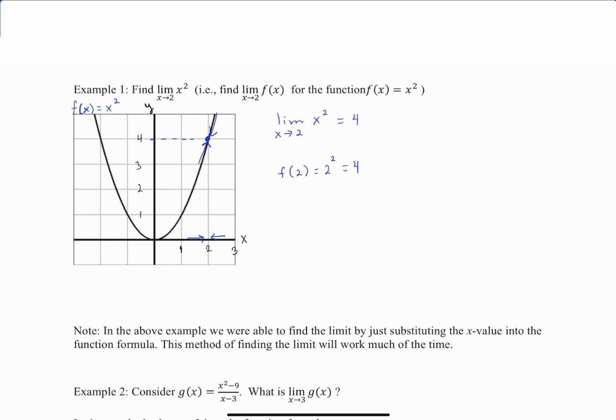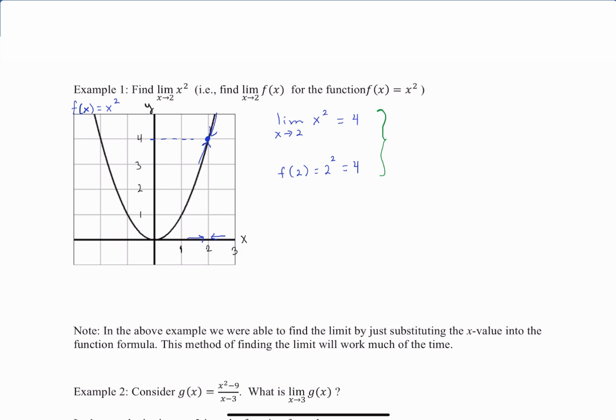Now, much of the time, and what we're going to do, that's all you need to do to determine the limit, is just to put the x coordinate into the function formula. And so that would very naturally lead you to ask, are these two things really the same? But if so, then why are we introducing all this limit stuff when you could just as well say that when x equals 2, y equals 4 on the graph of the function?